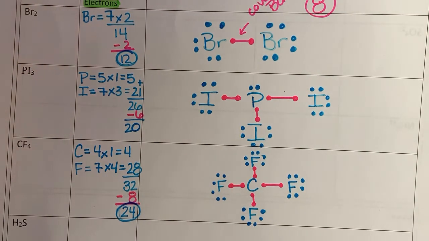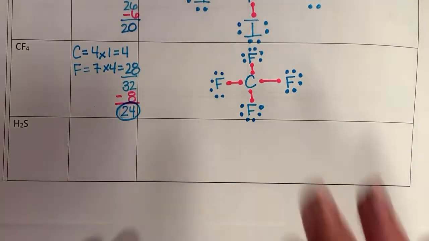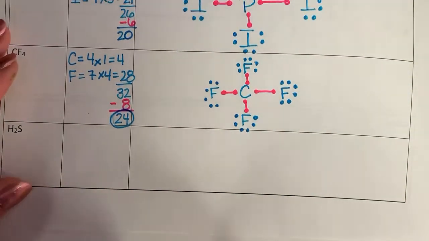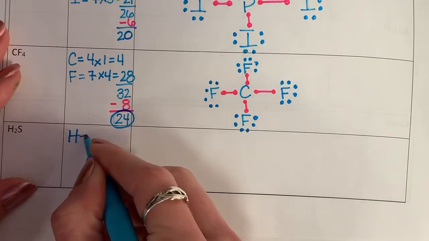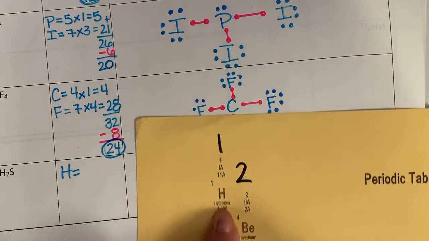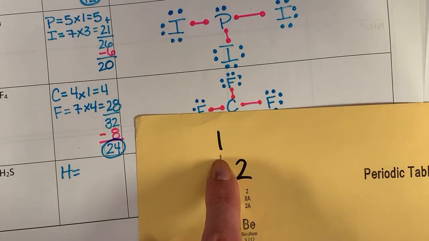Okay, let's try one last one together. So H2S, hydrogen, despite being a non-metal, lives all the way over here on the right, or sorry, on the left. He has 1 valence electron.